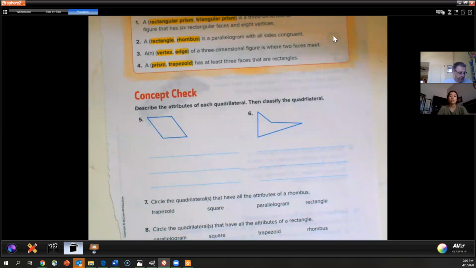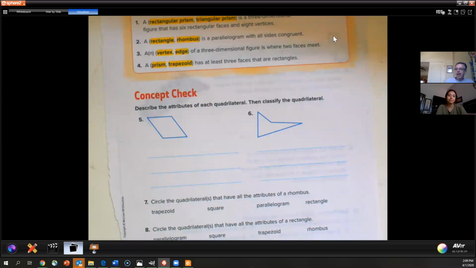You did some similar ones in your homework as well, so if you need to, you can refer back to that to see what our answer sentence looks like. But just make sure you are using your full sentences and double checking your spelling on them. And don't forget to classify the quadrilateral at the end as well. So that means what is the name of the quadrilateral.